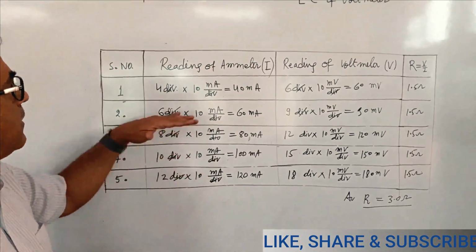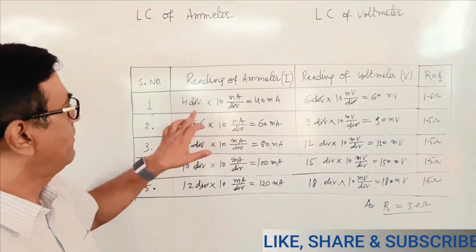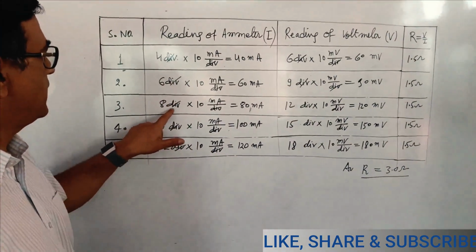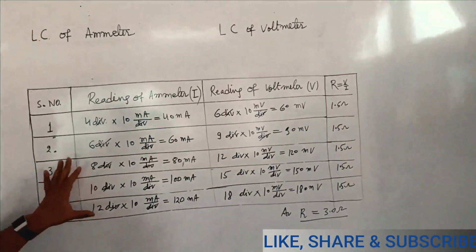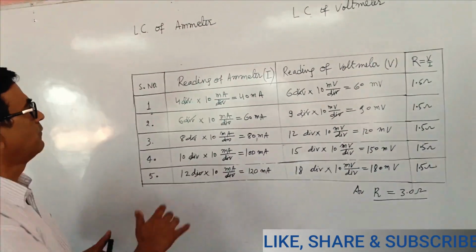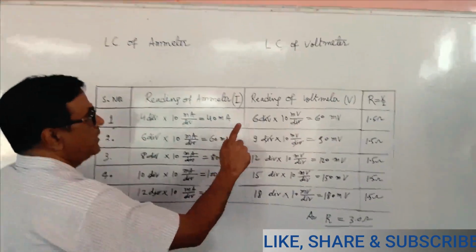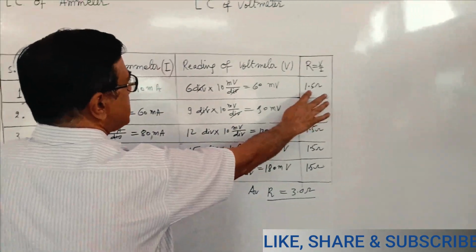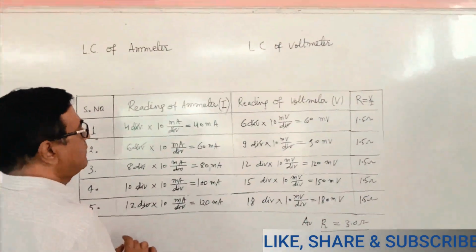My suggestion is keep this column the same, I mean take readings for the 4th division, then the 6th division, then the 8th division, in multiples of 2. So my observation was when the reading of the ammeter was 40 milliampere, the reading of the voltmeter was 60 millivolt, and the resistance is 1.5 ohm for this set of I and V.